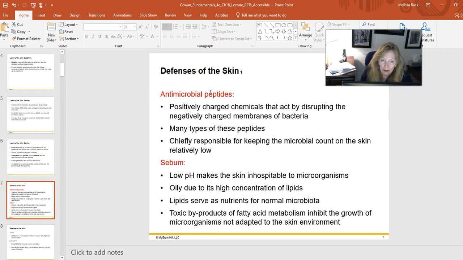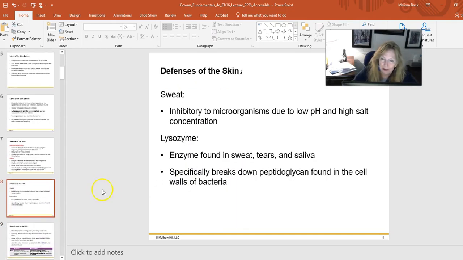Antimicrobial proteins produced by our normal microorganisms that live in and on our skin, which compete with potential pathogens, are very important to keep the skin healthy. We produce sebum, which is another word for oil, and this discourages potential pathogens from proliferating in the skin.